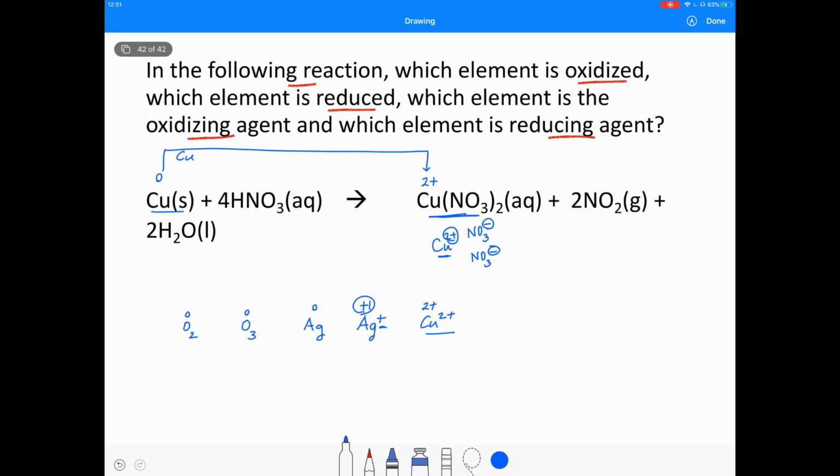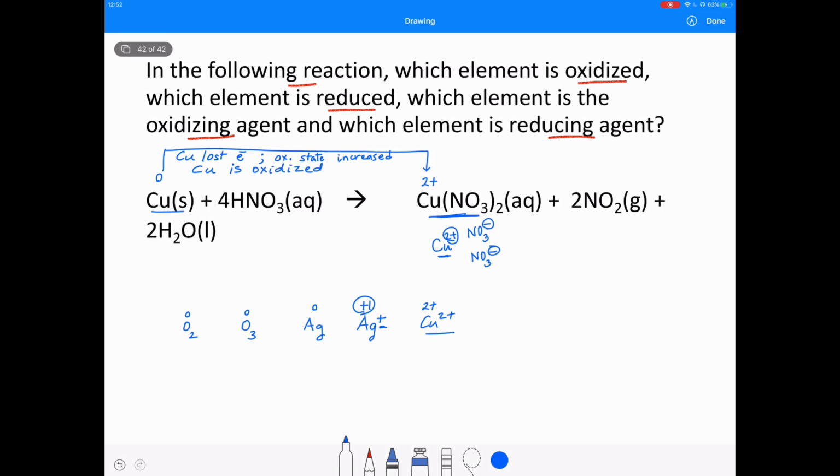So copper lost electrons. We can also say copper's oxidation state has increased. This means copper got oxidized. So we can say copper is oxidized.